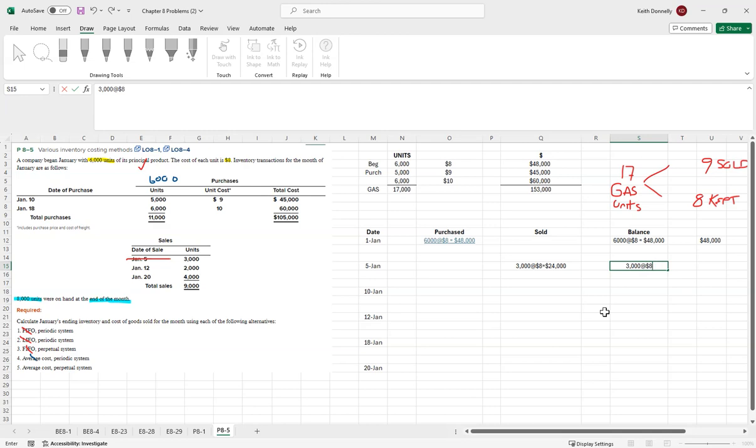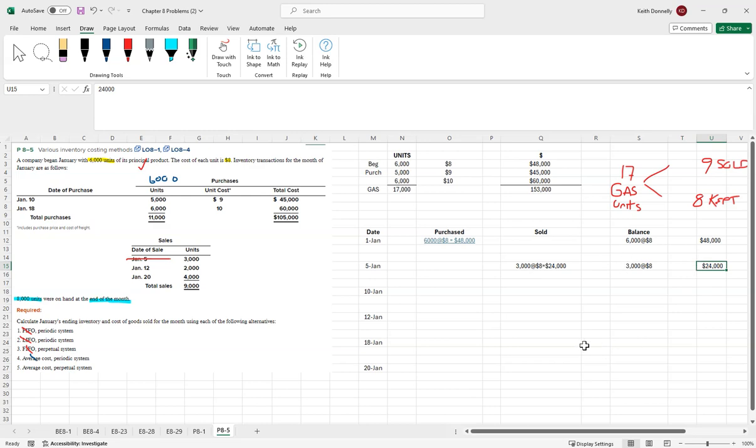That's going to give us a balance here of not 48, but $24,000. I want to change this to be consistent as well, so this should be 6,000 at $8. Started with 6, sold 3, have 3 left at 8.